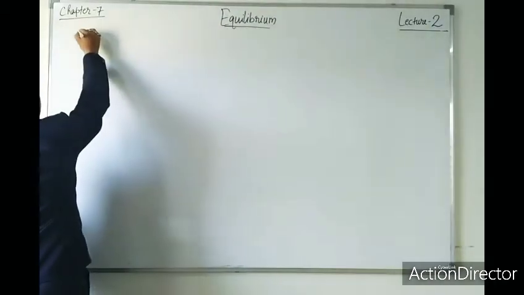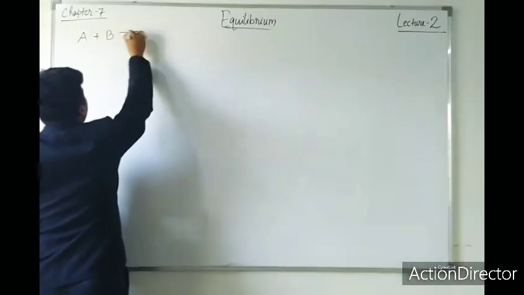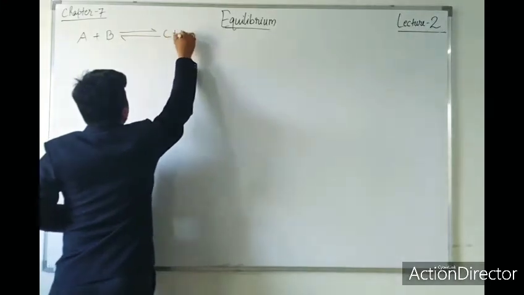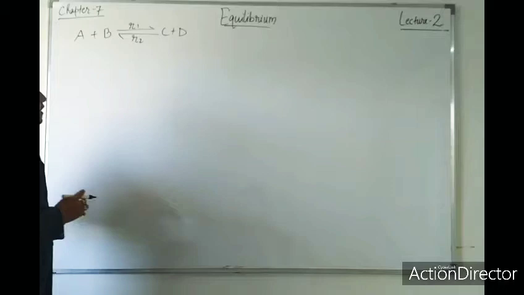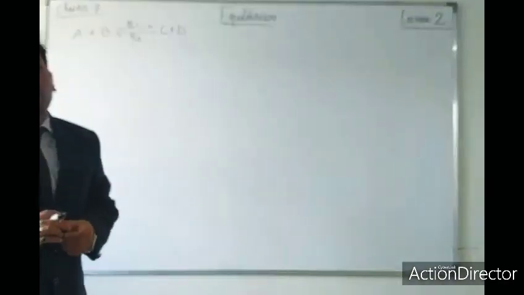If we talk about A plus B in chemical equilibrium with C plus D, this was R1 and this was R2. As I told you, the rate of reaction is directly proportional to the concentration of the reactants.